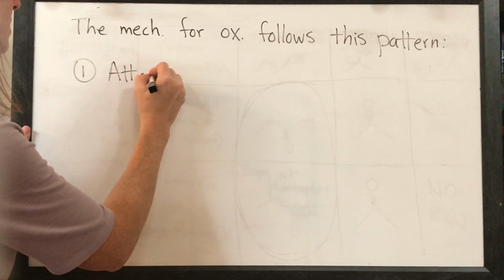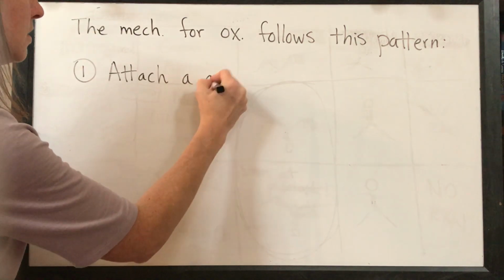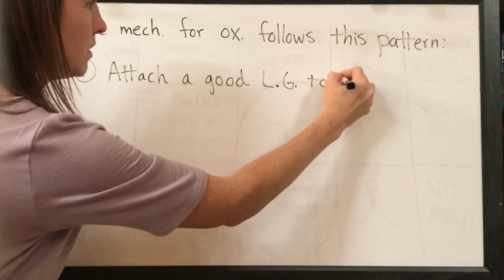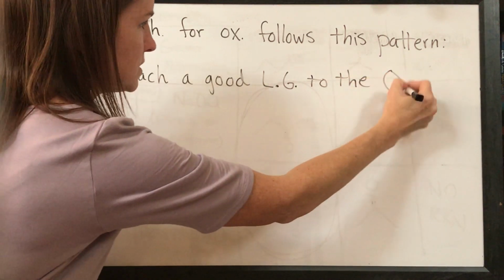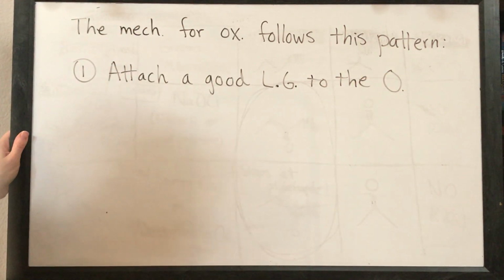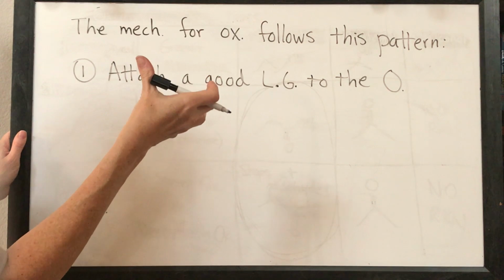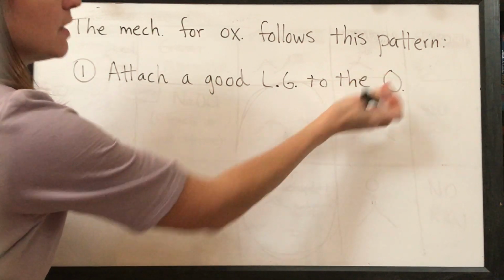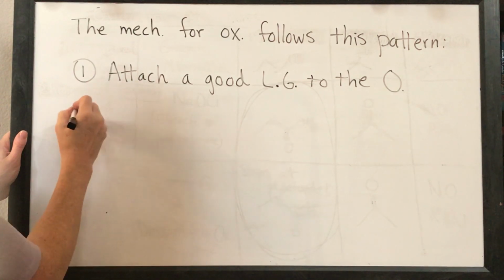So when we're writing out this mechanism, we're going to attach a good leaving group to the oxygen. Okay, the oxygen itself is not part of the leaving group. We're just attaching something onto it that is itself a good leaving group. So we're basically replacing the proton that's on an oxygen with a good leaving group.